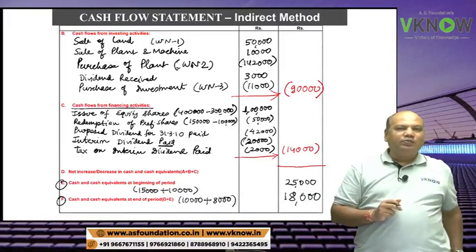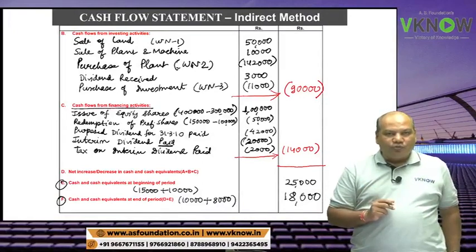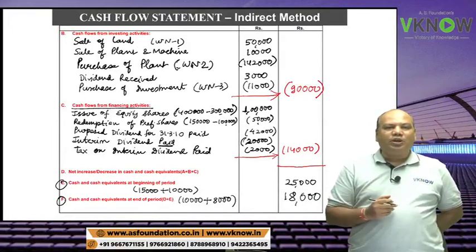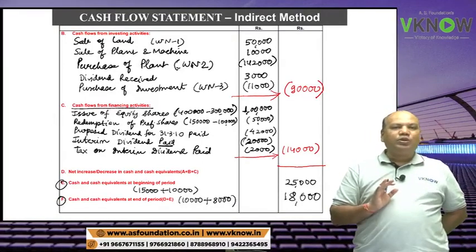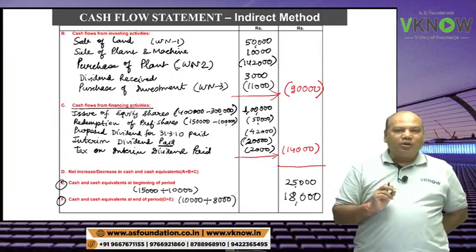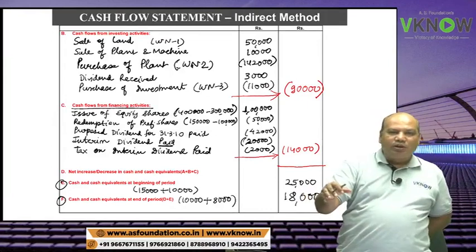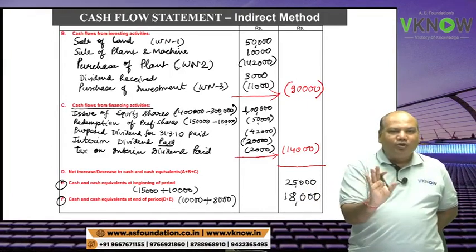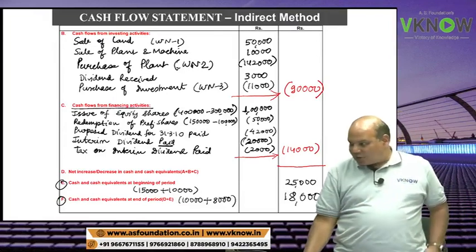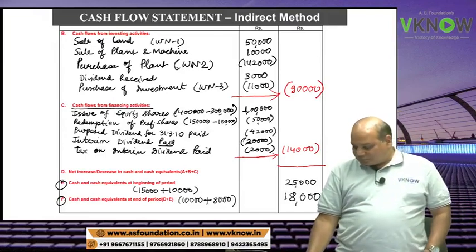Purposefully that adjustment was given to confuse you. You have to also see that entry has gone into P&L account, then only you will do the adjustment. If the entry has not gone into P&L account, it has been routed through some other reserve account, no need to make adjustment.